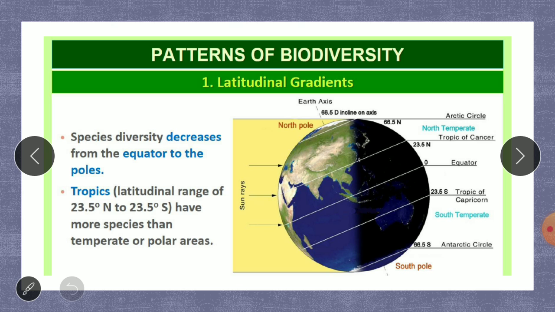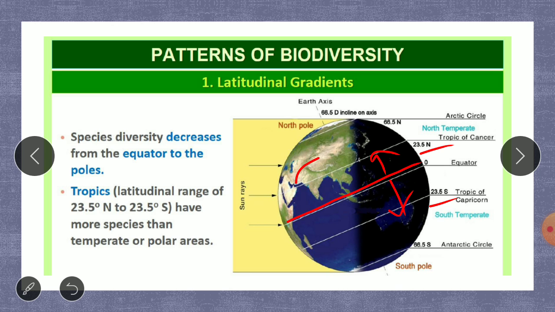They have observed that the maximum number of diversity is found near the equator. In the equator ranges, that is from 23 degrees north to 23 degrees south, we can see a large amount of diversity of species.